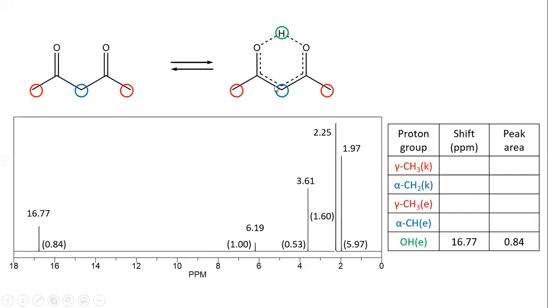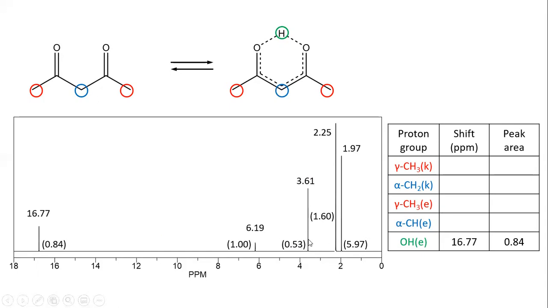So we should be able to assign the CH, right? Which could be either this peak at 6.19 ppm or this one at 3.61 ppm. If we check this one, the area is about 1. Of course, it's pretty close, right? But not very accurate.